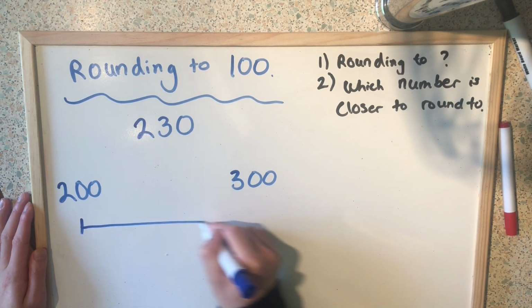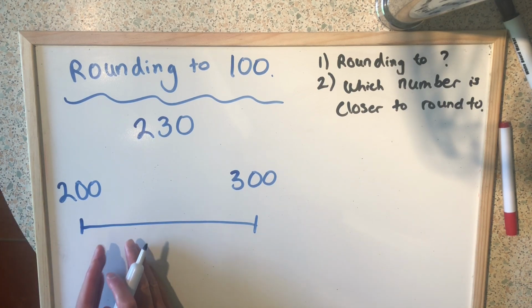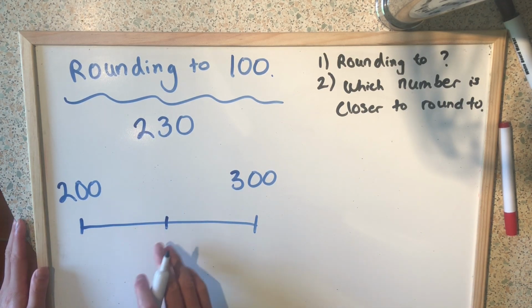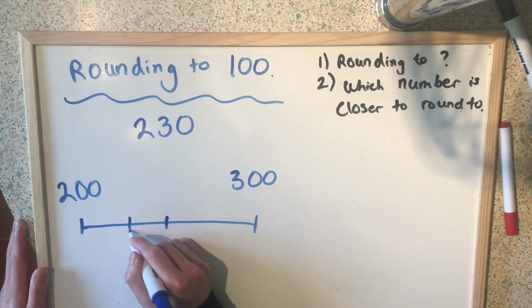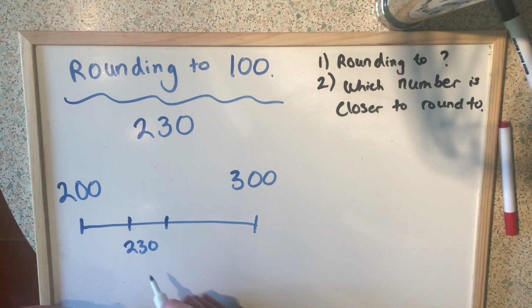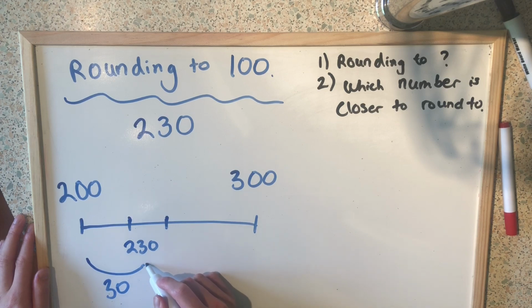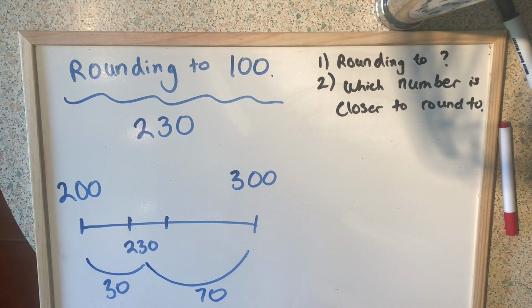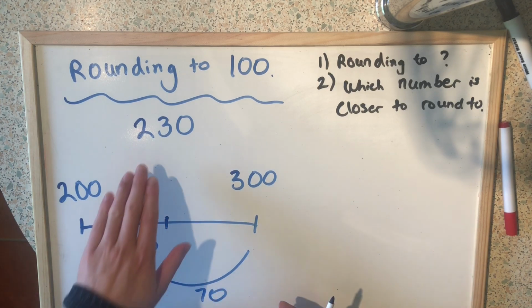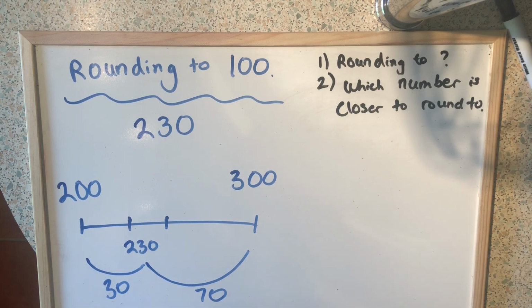So on the number line, 230 will be somewhere closer to 200, because 250 is about there, so 230 will be about here. So 230 is closer to 200, it's only 30 away, whereas 230 is 70 away from 300. So if we're rounding 230 to the nearest 100, then it's got to be 200.